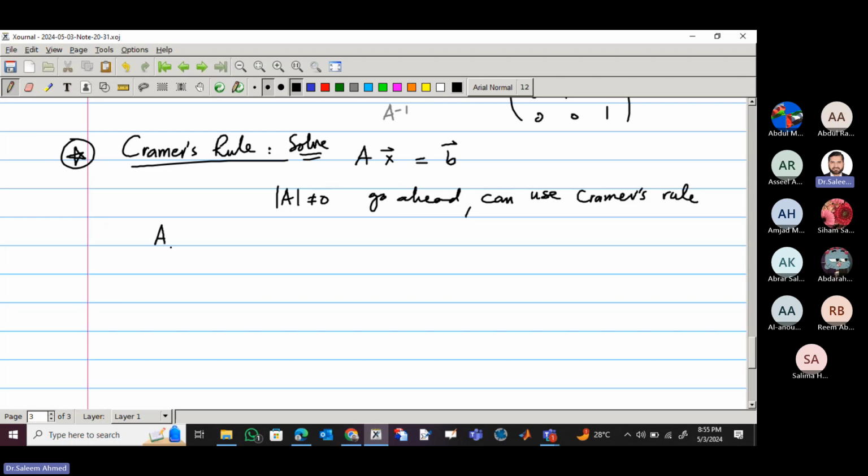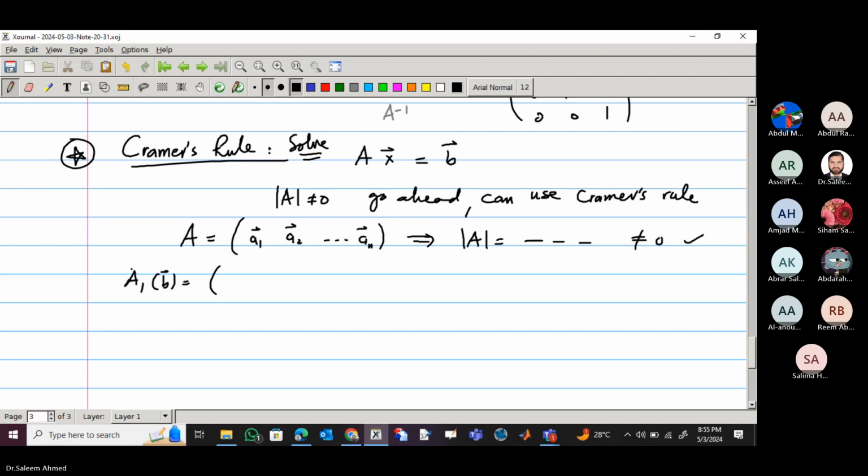define matrices A1B. Let's say my A matrix has first column A1, column 2 is A2, up to column n is An. Let's say the determinant of this was not equal to 0. When I calculated the determinant, it gave me some number which is non-zero. So then I will write A1B.